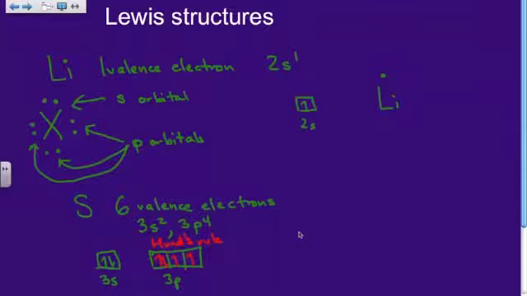So if we were to convert that to a Lewis structure, notice how these 2 electrons are together. Like the 2 s electrons that were together at the top, we put these 2 together. Notice how in this box there are 2 electrons together, so I put 2 dots together here.